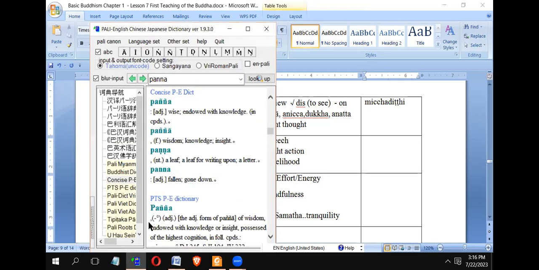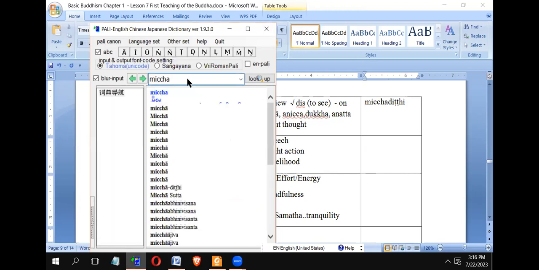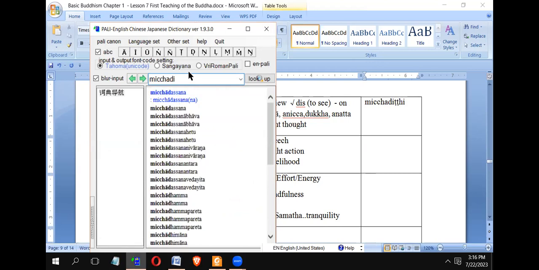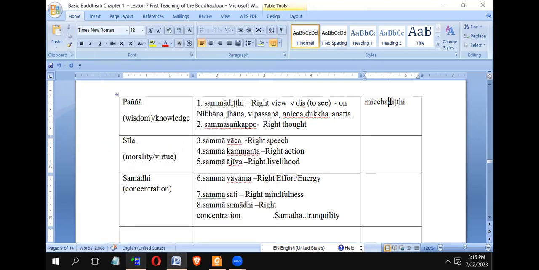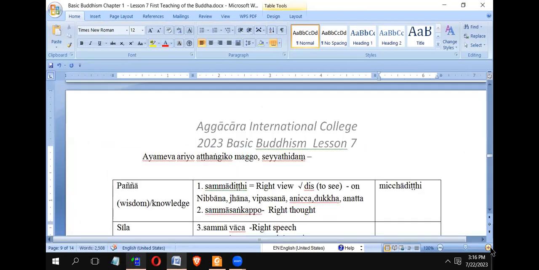Micha with a long A or not? Micha, with a long A, correct. The Burmese will know better, because in Burmese they always write with the long A and short A. So you have Micha Ditti, wrong view. You also have Micha Sankappa, wrong thought.